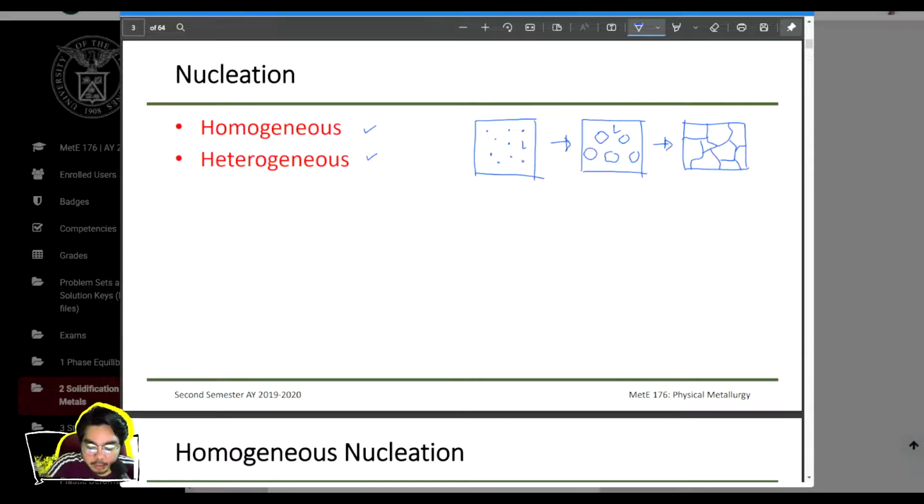Parang thumbs up for homogeneous. Tapos peace sign for heterogeneous. May mga sumagot. May mga hindi pa sure. So maraming sumagot ng homogeneous, no?